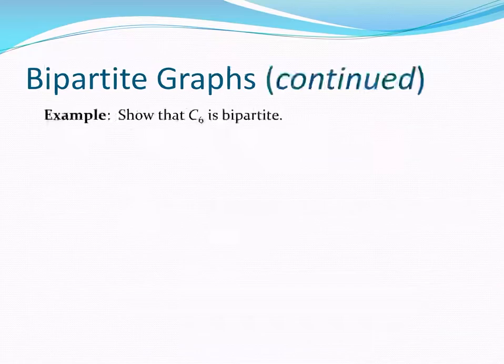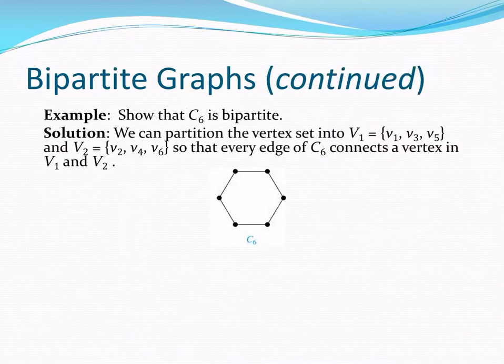Another way that we can show the bipartite nature of a graph, here's C6. We could two color this graph rather easily. Just go around red, blue, red, blue, red, blue. Or what we can do is pull the vertices that are not adjacent into their respective bipartitions.